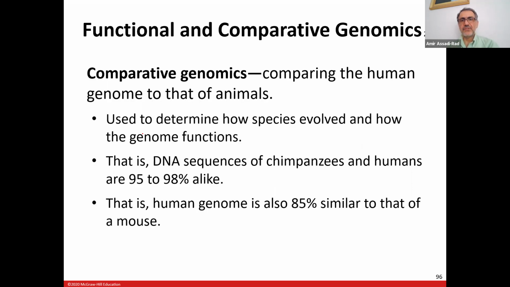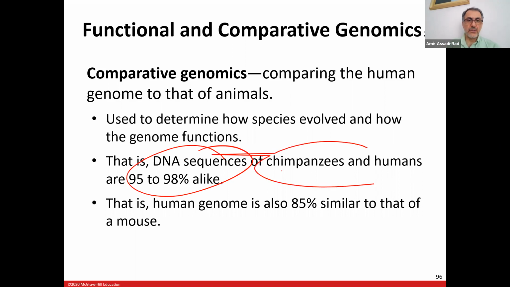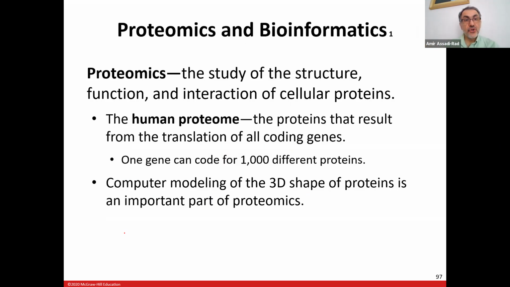Comparative genomics, comparing the human genome to that of animals, and the sequence of chimpanzees and human is 95 to 98%. We are similar to chimpanzees. 85% similar to mouse. Yeah, I don't know. I'm not going to ask.